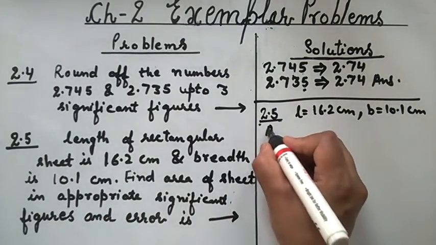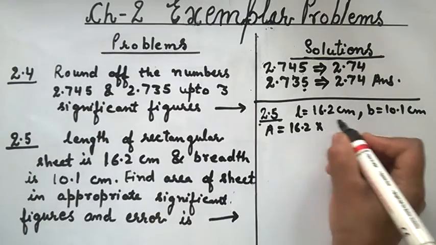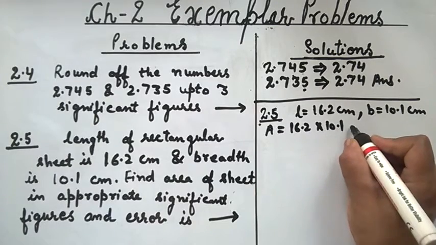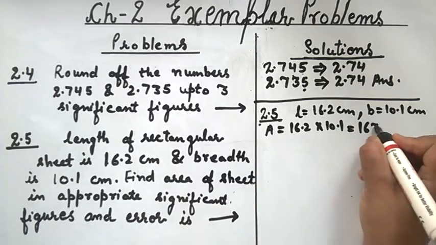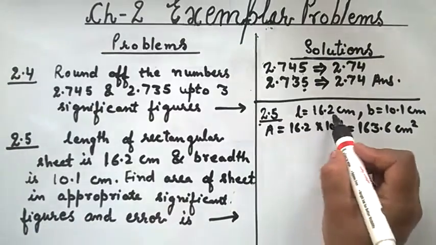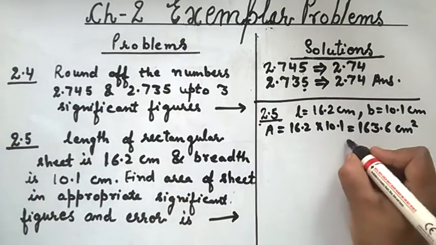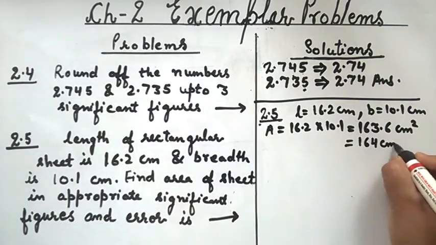So the area in true value is given as 16.2 centimeter into 10.1 centimeter. That is equal to 163.6 centimeter square. We will round it off up to 3 significant digits. So the answer is 164 centimeter square.